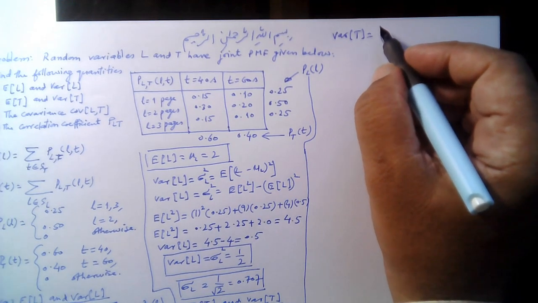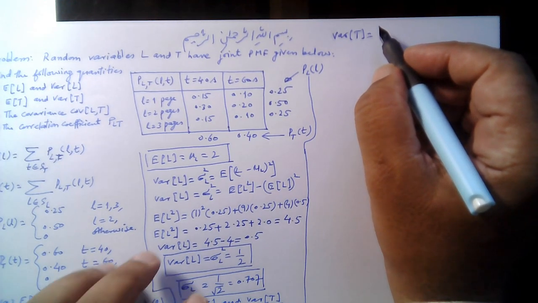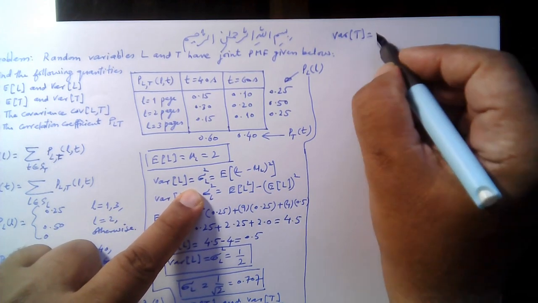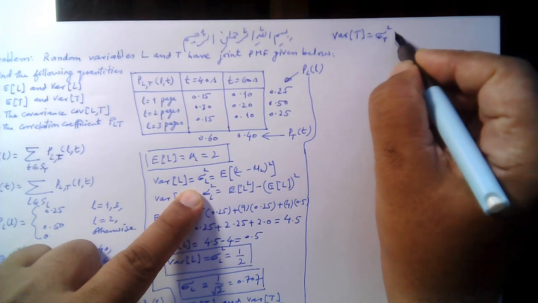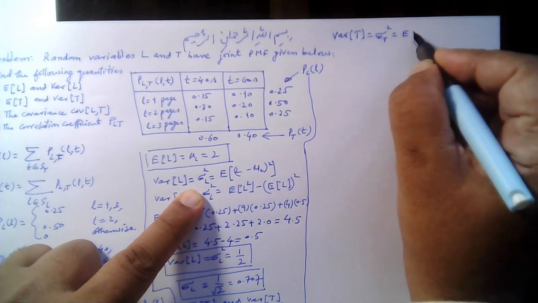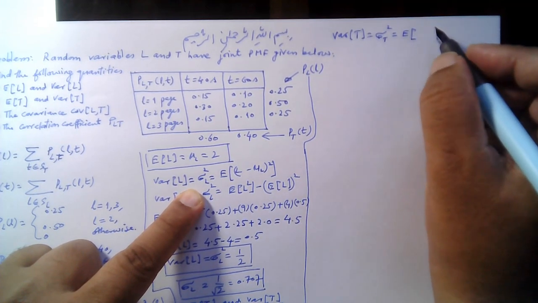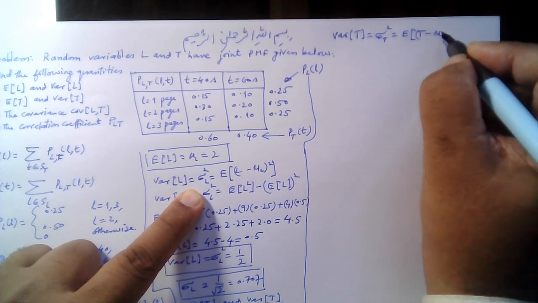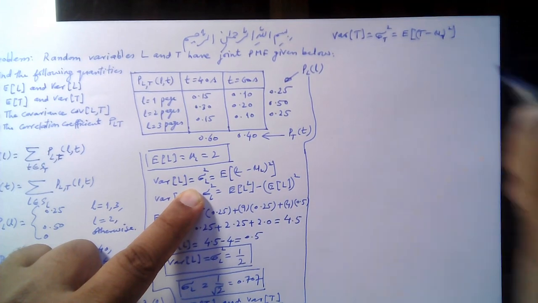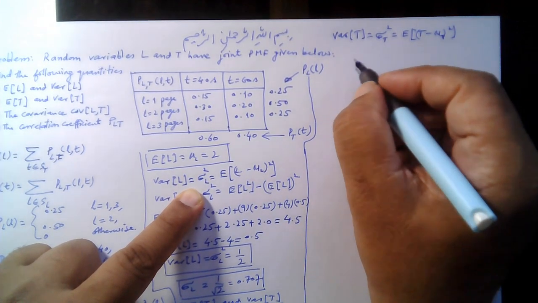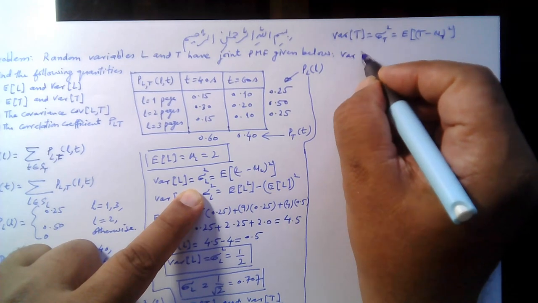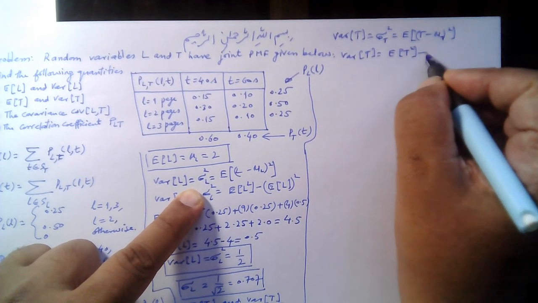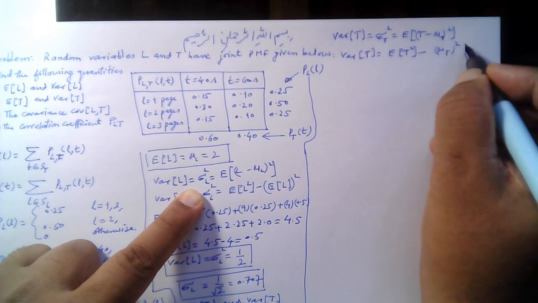Again we use the same formula that we used for the variance of random variable L. This is given by the second moment around the mean value, (t minus mu of t) squared, right? This is also equal to the expected value of t squared minus mu t squared.